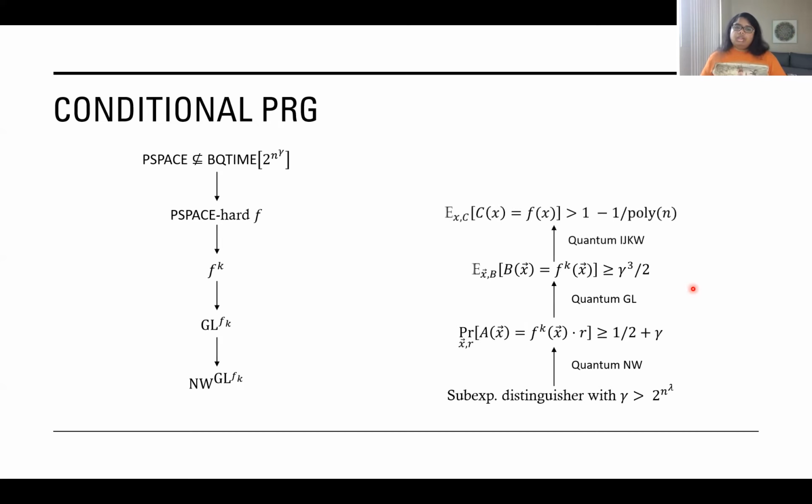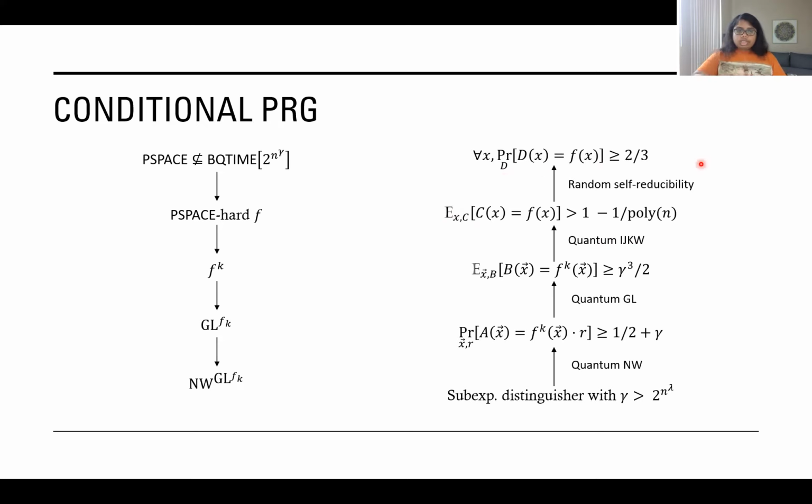I take it up, using the hardness amplification to say that this means in expectation, I can compute the function itself with high probability. And now I can use the downward random self-reducibility to say that it's not just an expectation over X, but for every X, I can compute the function with high probability.